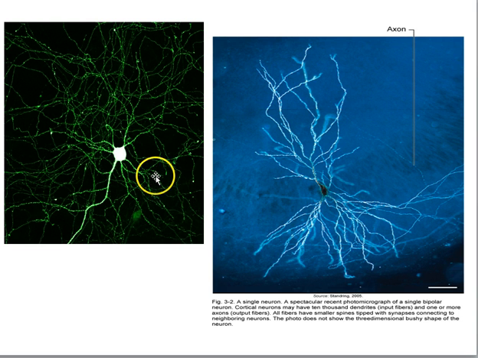So hundreds or thousands of different neurons might make connections with these dendrites. And then coming out of the cell body is the output cable, you might say, called the axon. And the axon will relay an electrical signal to some other nerve cell in the brain, or perhaps a muscle.